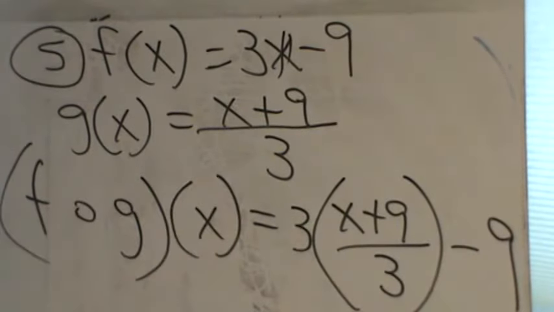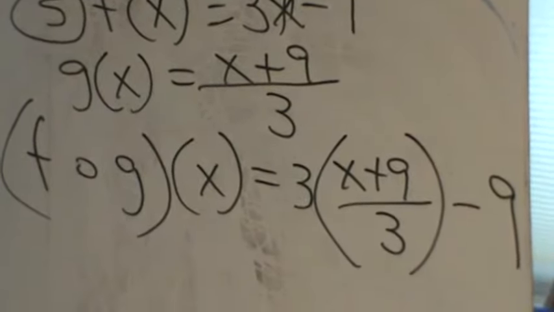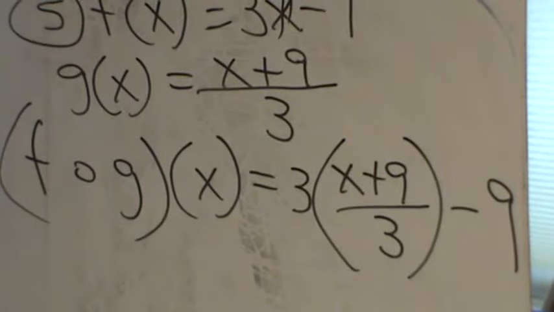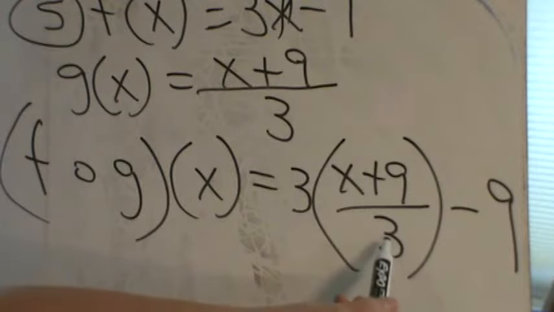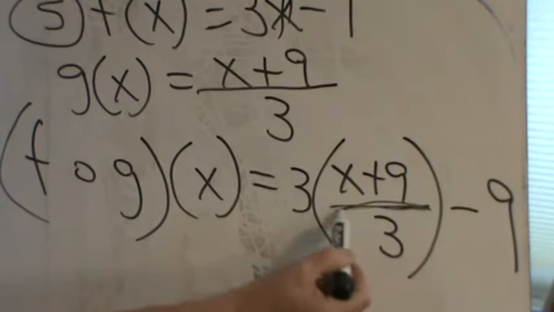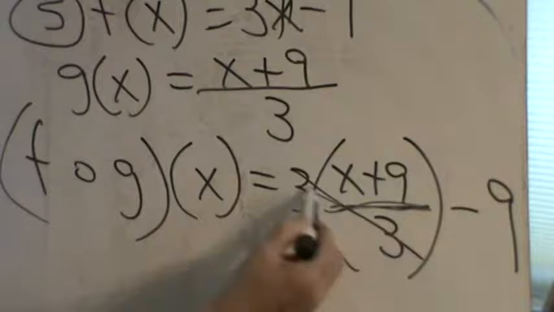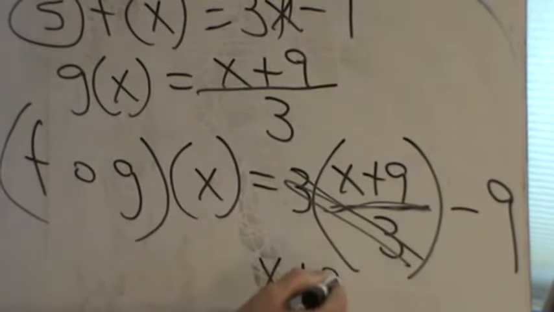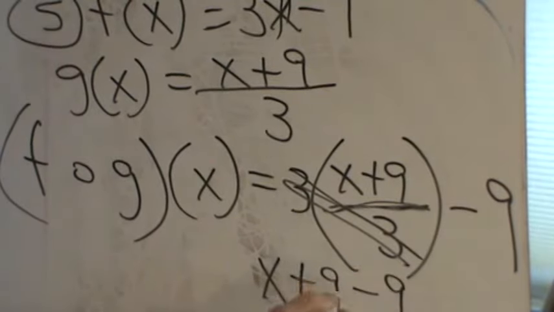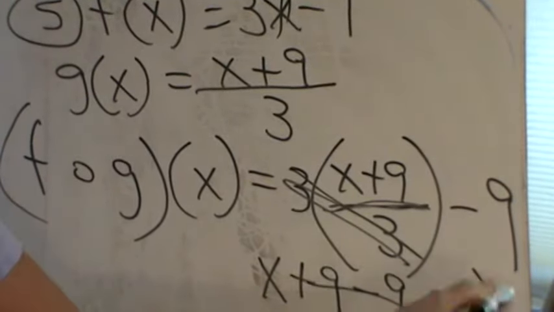The x is in the numerator, so it's not bad. In fact, now it's really not bad, because look what happens. This 3 cancels that 3. This is division by 3. This is multiplication by 3. That cancels. And then this positive 9 and that negative 9 cancels. X is your answer.